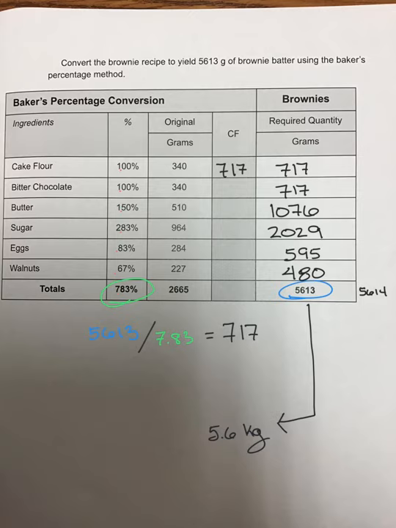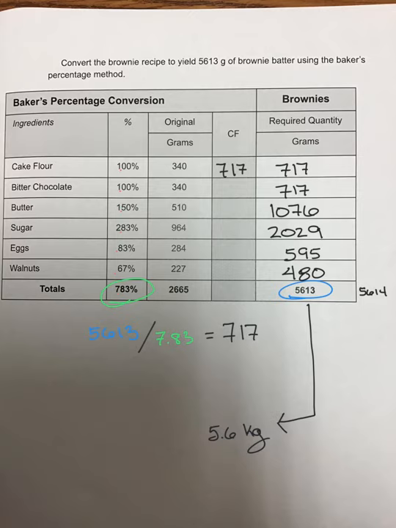Multiply the percentages as decimals against the conversion factor. We have 1 times 717 equals 717 for the first two ingredients. 1.5 times 717 equals 1,076. 2.83 times 717 equals 2,029. 0.83 times 717 equals 595. 0.67 times 717 equals 480.